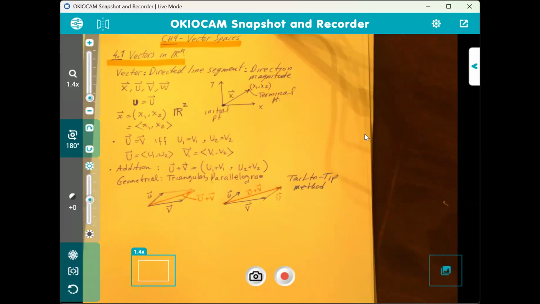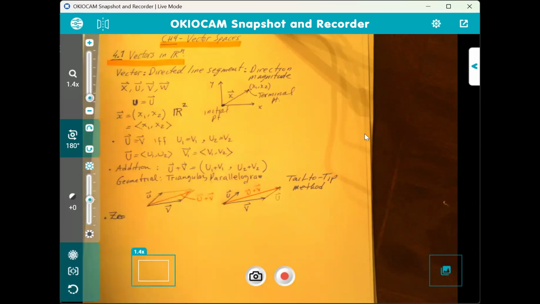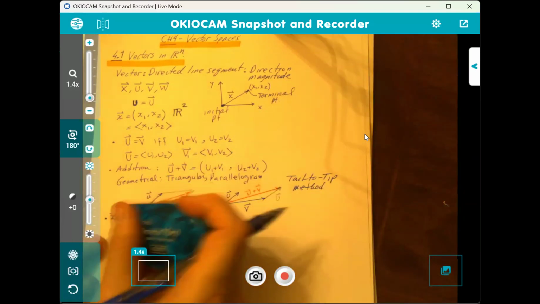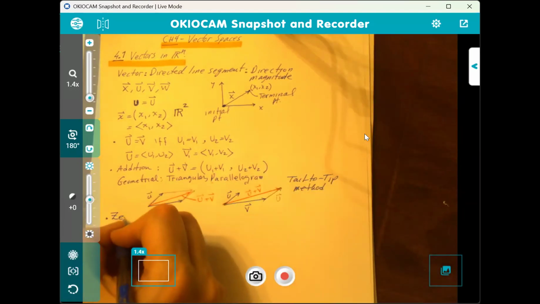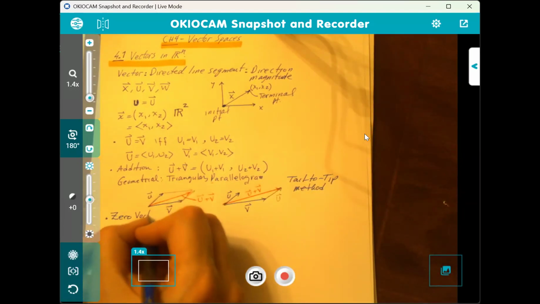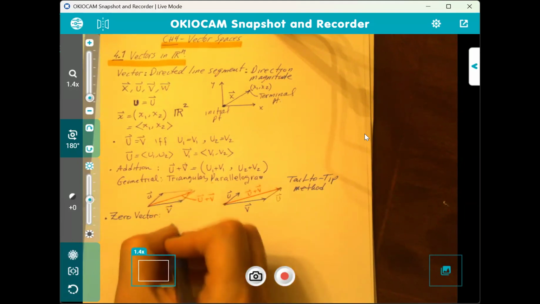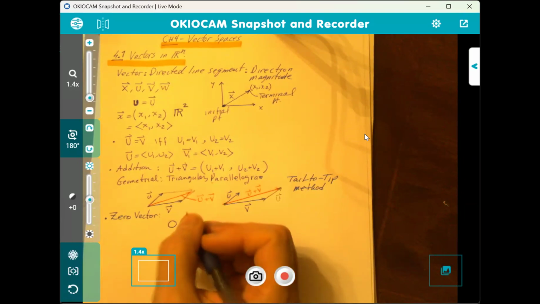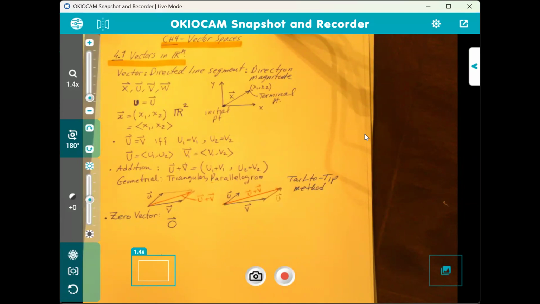Now, let's talk about the zero vector. And a zero vector is what you would think it to be. It's a vector that has a magnitude of 0. And the arrow on top means it's a vector quantity.